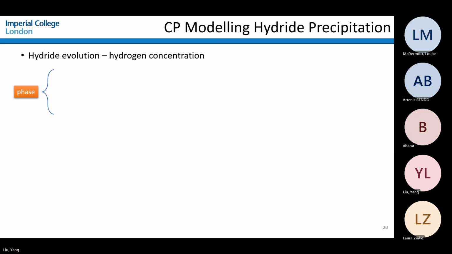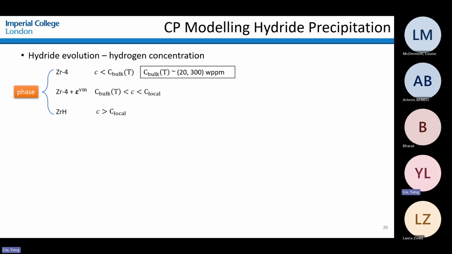And then when we understand the hydrogen concentration, we want to convert it to hydrides. But there's a distinct difference between the hydrides in the bulk and the hydrides at the nanoscale. In the literature, the bulk of the hydrides at the relevant temperature that we are simulating is between about 20 to 300 ppm.